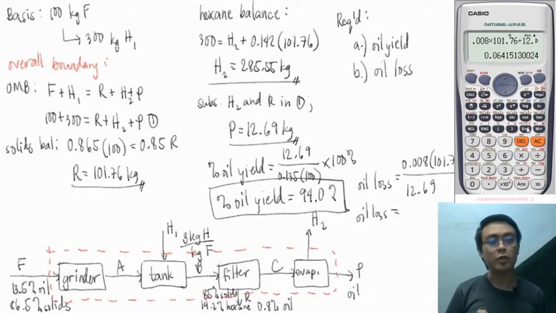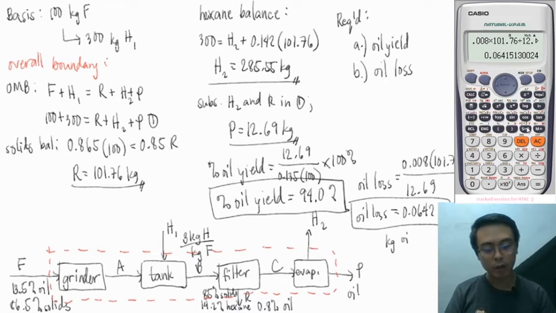It's a small value, 0.0642, to three significant figures. What's the unit of this oil loss? Oil loss has units of kilograms oil lost per kilogram oil recovered.